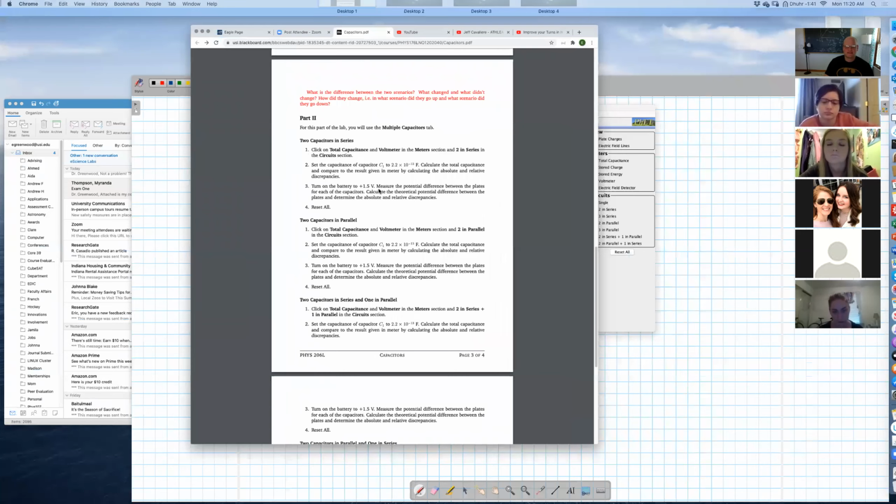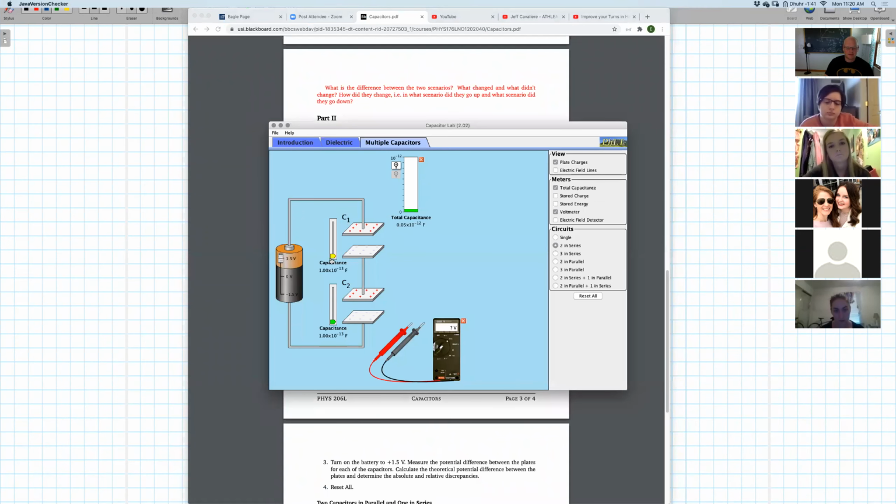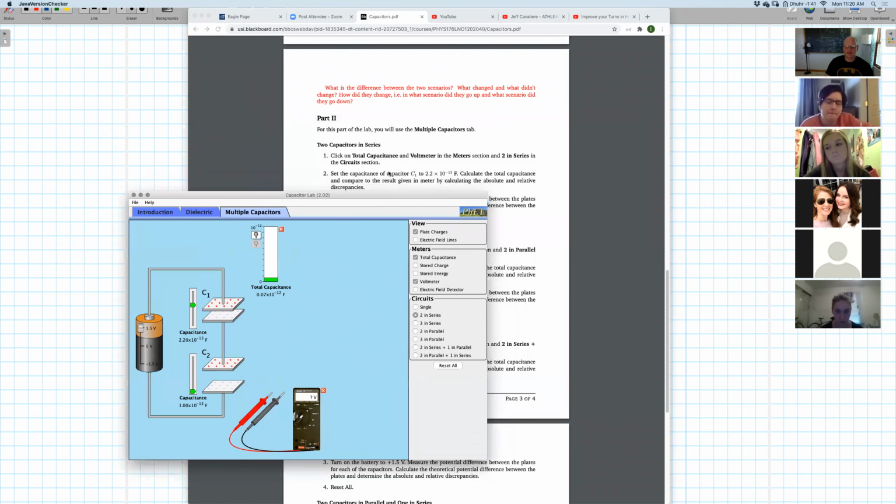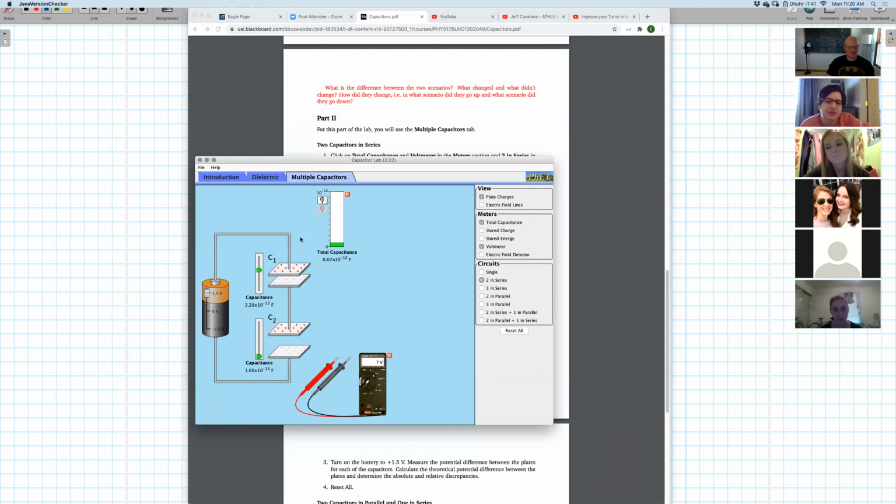Let's do that. So C1, so capacitance, we want to set that guy to 2.2. Yeah, 2.2 times 10 to the minus 13. Good. So basically what we want to do is calculate the total capacitance.